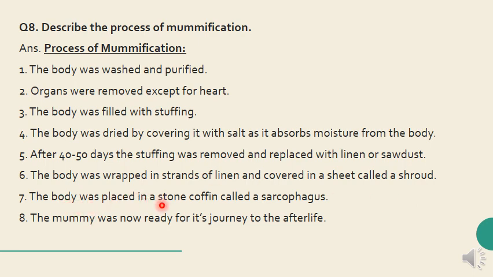The body was placed in a stone coffin called a sarcophagus. 8. The mummy was now ready for its journey to the afterlife. This is what they thought, that after mummification the body is ready for the life after death. So this is the process of mummification.